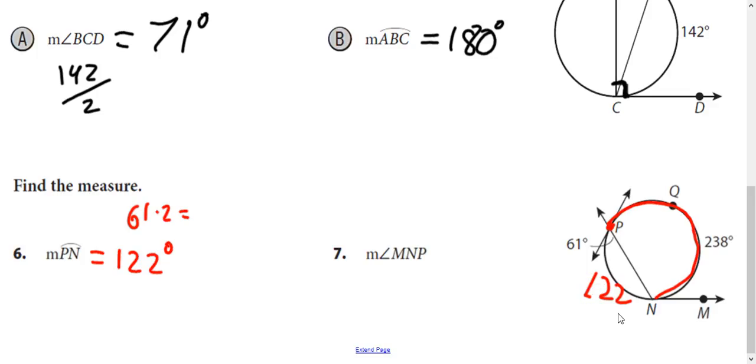So that makes sense. The angle is half the arc. So angle MNP is going to be half the arc that it cuts. Half of 238 is 119.